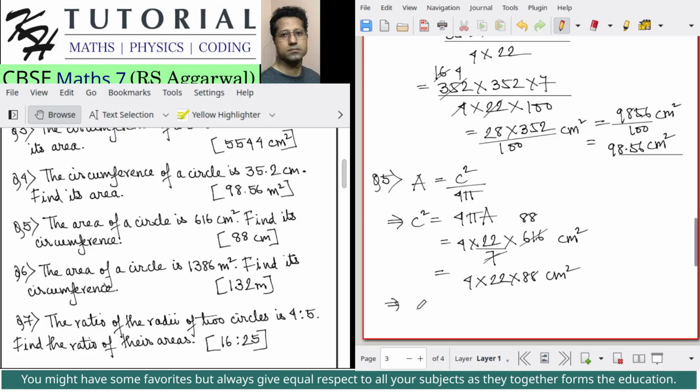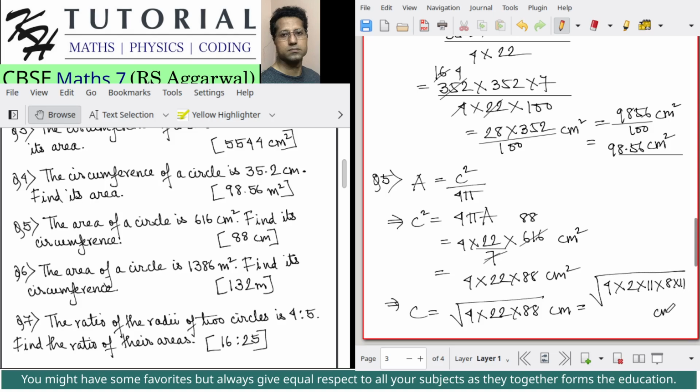So this implies C will be square root of 4 multiplied by 22 multiplied by 88, this much centimeter, which is equal to, 4 multiplied by 22 is 2 into 11 and 88 is 8 into 11.